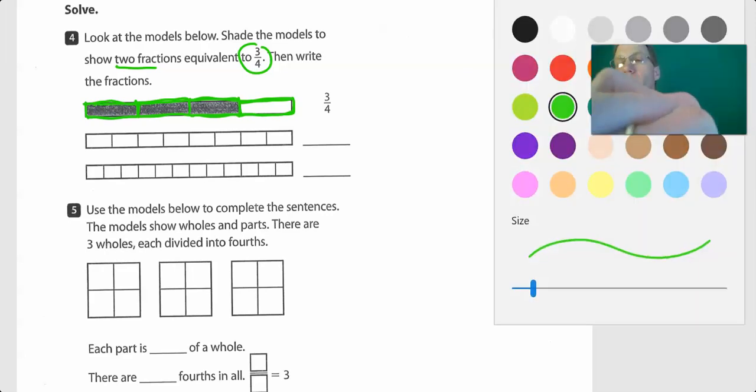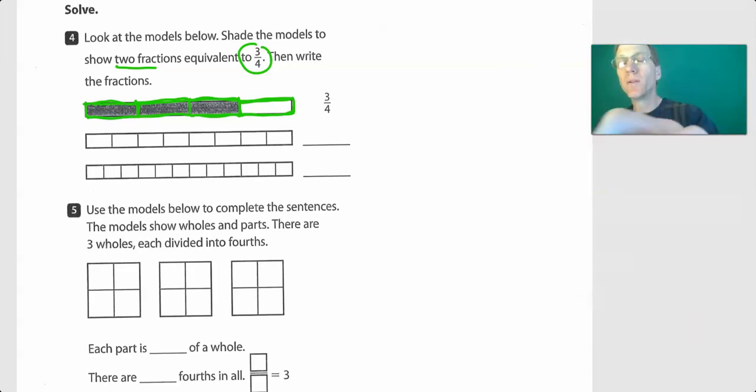Down below here, this time you've got your pizza or your Twizzler, and it is broken up into 1, 2, 3, 4, 5, 6, 7, and there's 8 pieces. If you count those sections, that's 8 pieces.